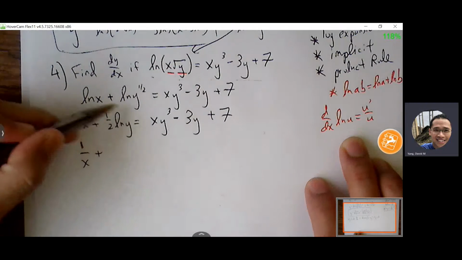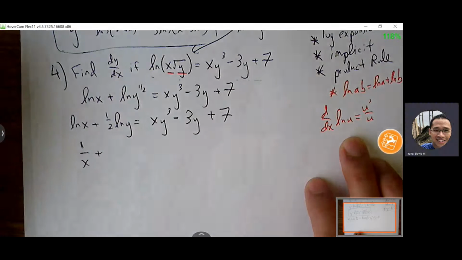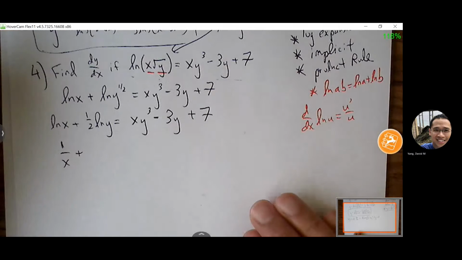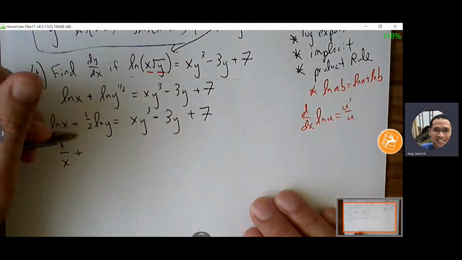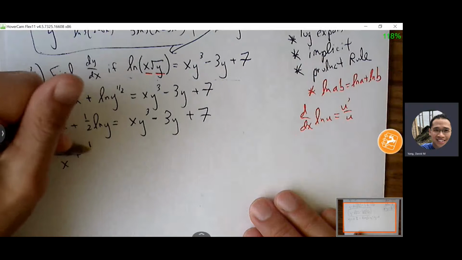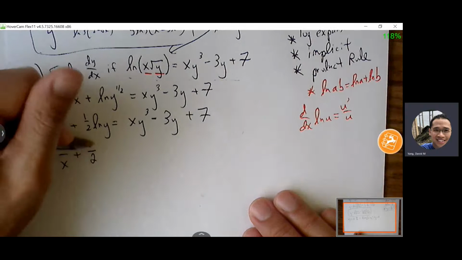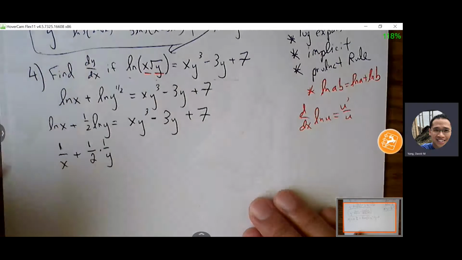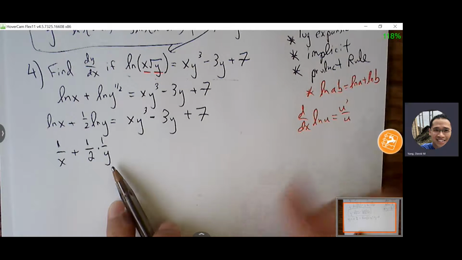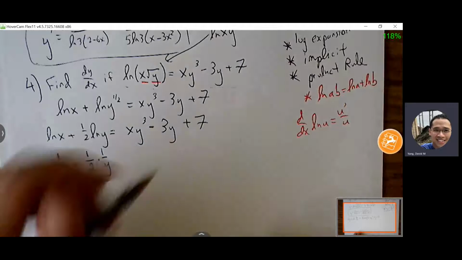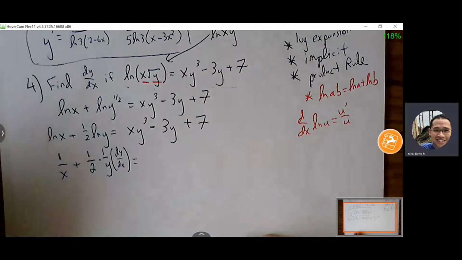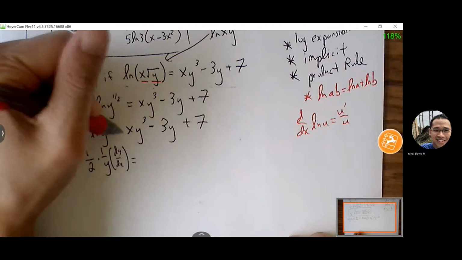Okay, derivative of 1/2 natural log of y. Yes, that's right. You're right. 1/2 times 1 over y, but then we're asking for y's derivative. So what needs to happen here? Yeah, we need to multiply by dy/dx. Okay, right side. Product rule.